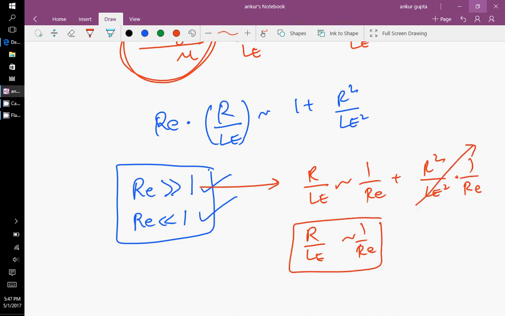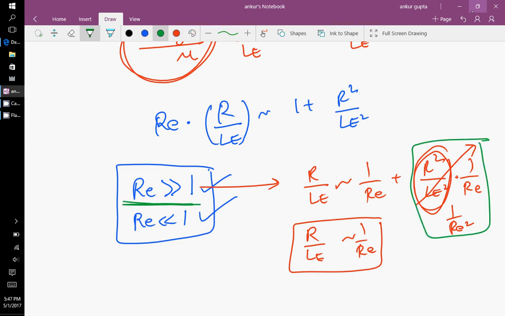And why am I ignoring this term? Because if r by le is 1 by Re, then r square by le square will be 1 by Re square. So this will become 1 by Re cube, which is much smaller than 1 by Re if Re is greater than 1.